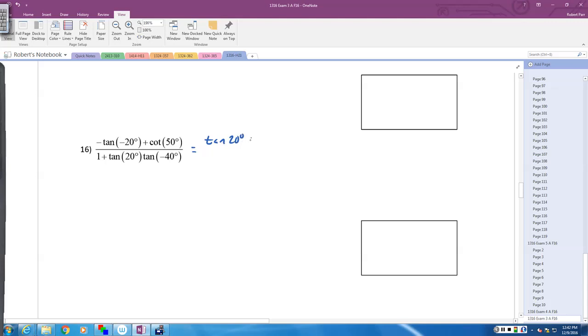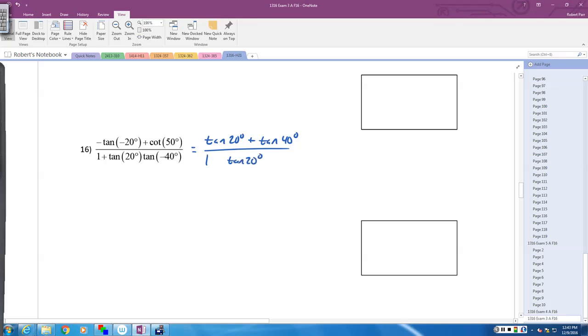Now, I don't have an identity with cotangent here, so how can I change that to tangent? Well, it is a cofunction. 90 minus 50, which is 40. Hey, that's good. So now I have 20 and 40 here, and I can probably make that 40. So this is going to be 1 plus, well, I'll leave tangent 20 alone.